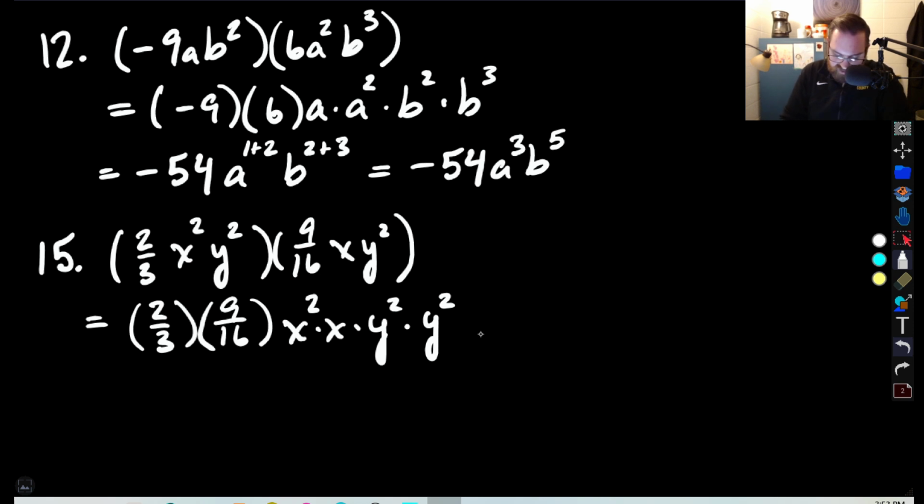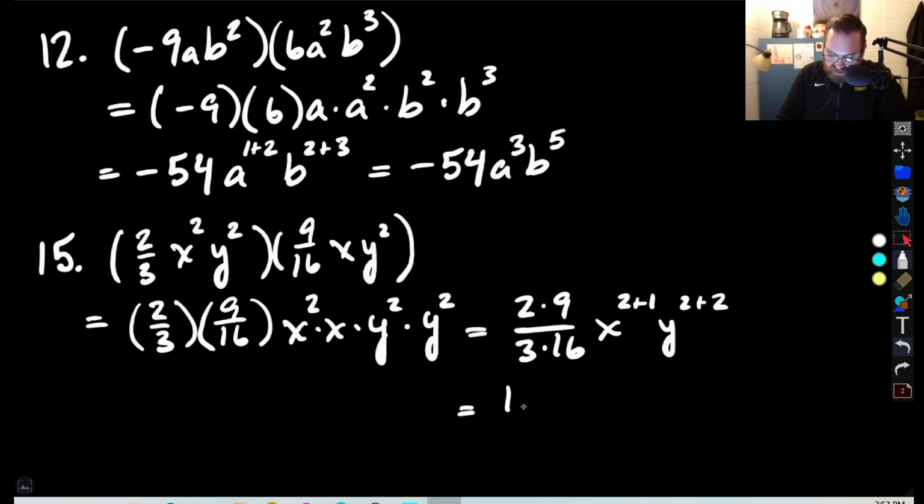So by the way, this is the same thing as 2 times 9 over 3 times 16, okay? And I'll have x to the 2 plus 1, y to the 2 plus 2. And here we get 18 divided by 48. X to the 3, y to the 4, okay?